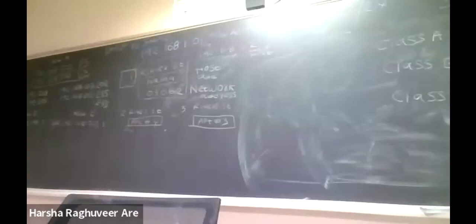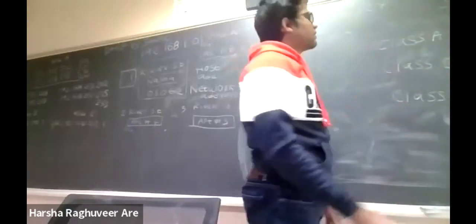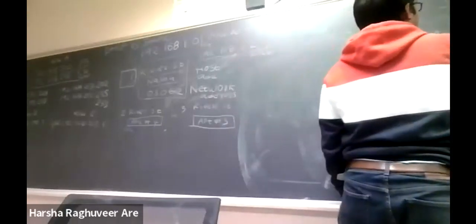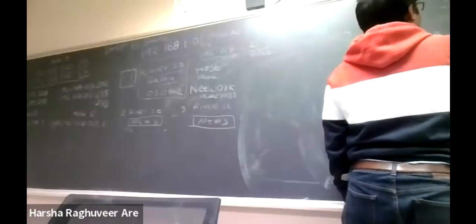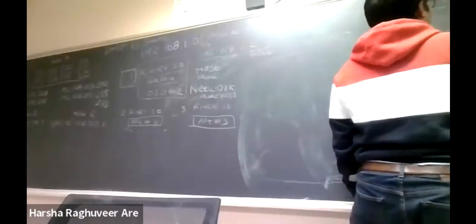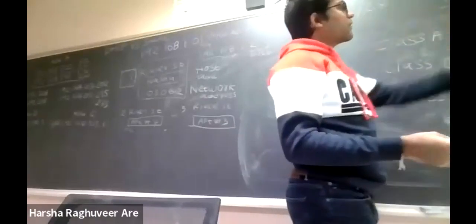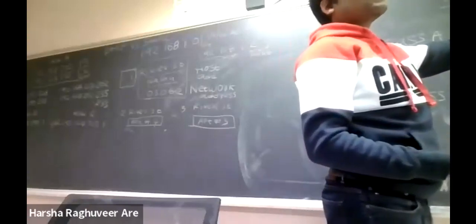That means B, C, and D are host. This is host. You guys following, right? This is network. So how many networks can you have? You can have 126 networks with each subnet mask /8.